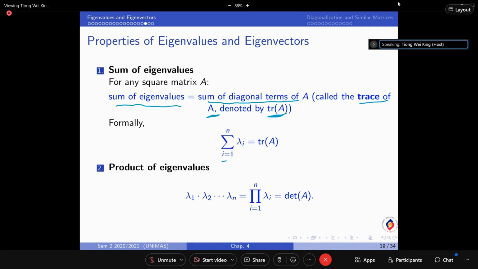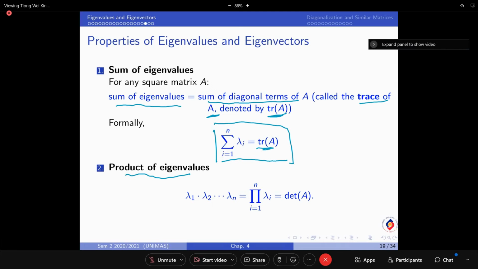In formula, this is how we write: trace A equals the summation of lambda i, i equals 1 to n. So if you add all the eigenvalues together, this is called the trace of A.